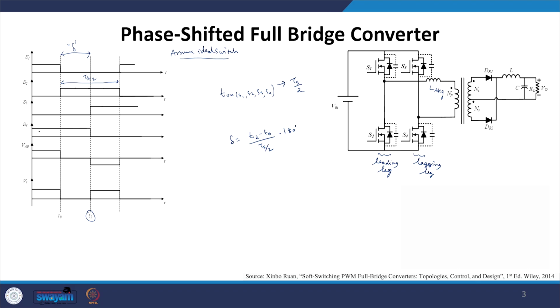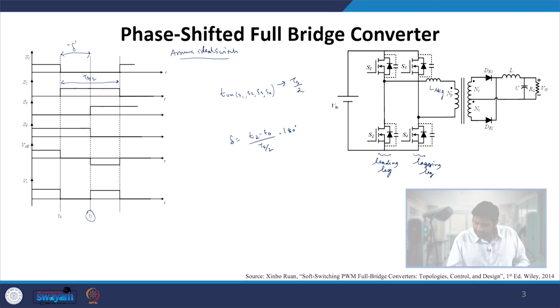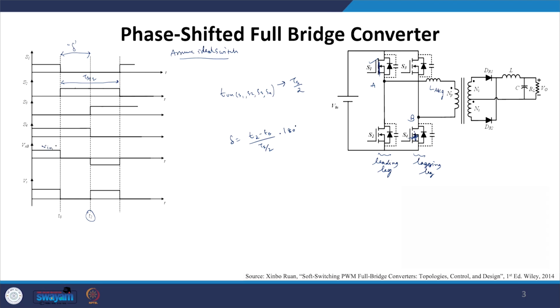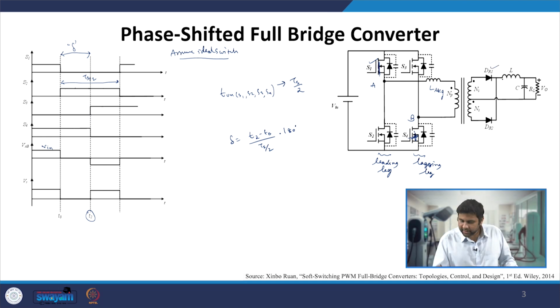Before that, when S1 and S4 were on, we are applying Vin voltage from VAB, and since VAB is applied, this DR1 gets forward biased, and that is when at this place we can get N Vin voltage, where N is nothing but NS by NP.